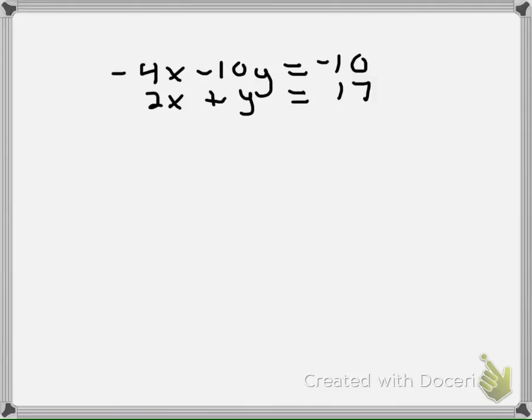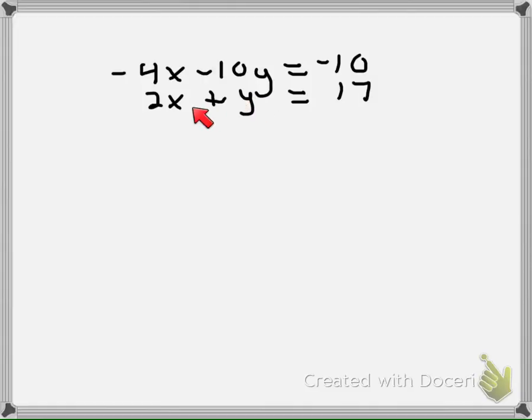Last one. On this one, I've got these two equations, and neither one of them is in x equal or y equal form. The one that would be easiest to rewrite would be this one, because it's already got the y by itself. Now it's not by itself on this side of the equal sign, but at least it doesn't have a coefficient in front of it.